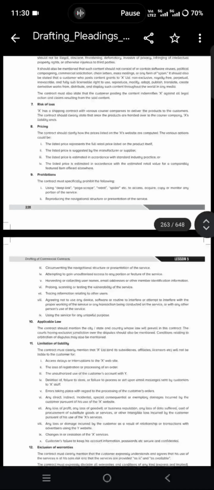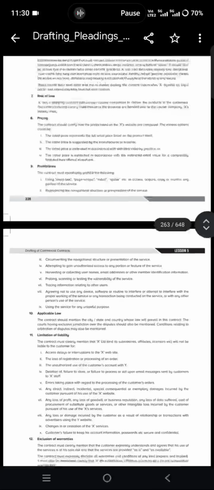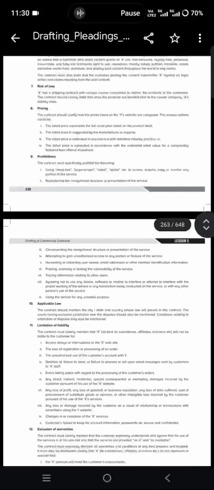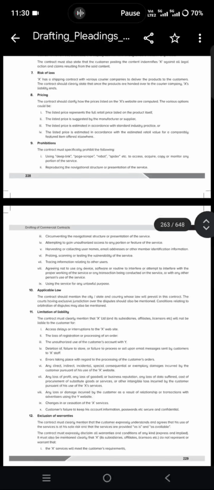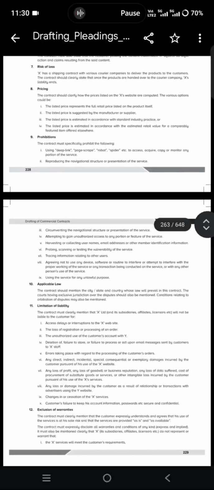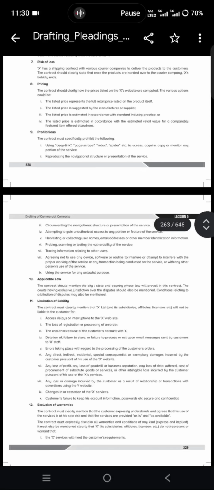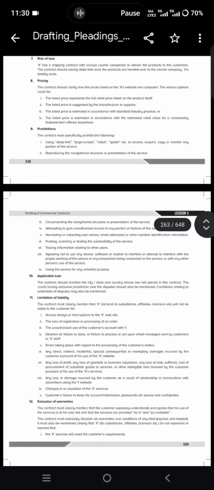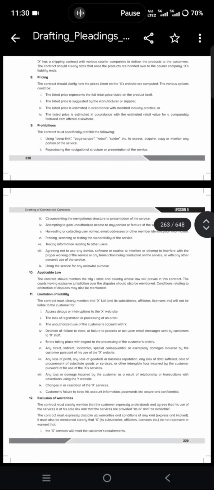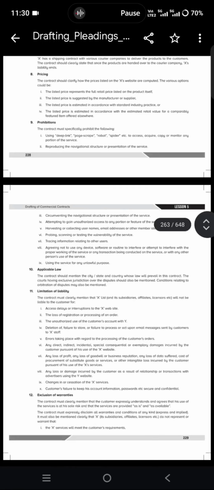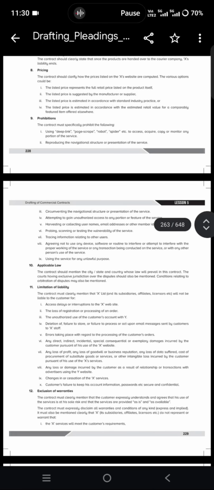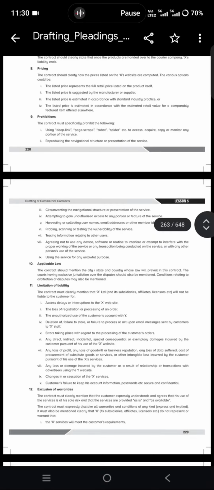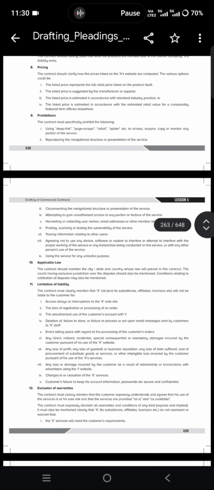Next, exclusion of warranties. The contract must clearly mention that the customer expressly understands and agrees that use of these services, that is any e-commerce platform, is at sole risk, and that services are provided as is and as available. The contract must expressly disclaim all warranties and conditions of any kind, and not represent or warrant that the X services will meet the customer's requirements and that the X services will be uninterrupted.